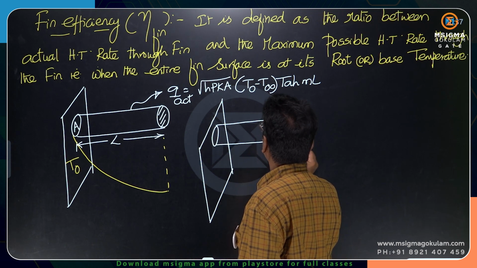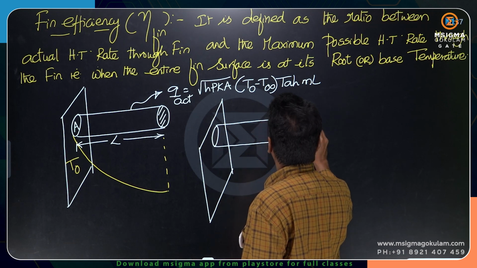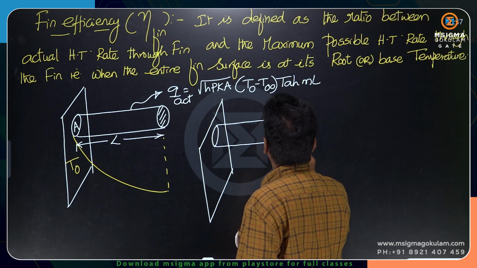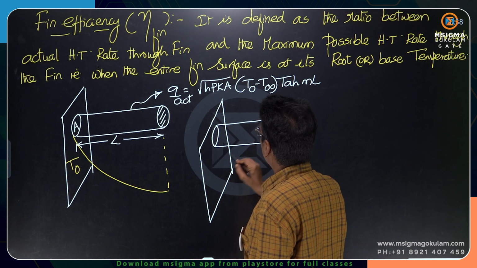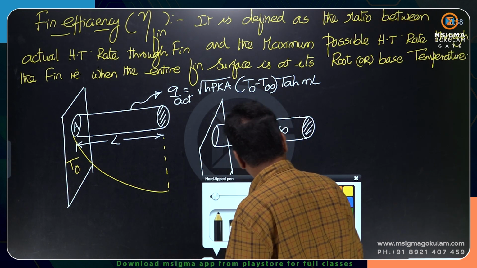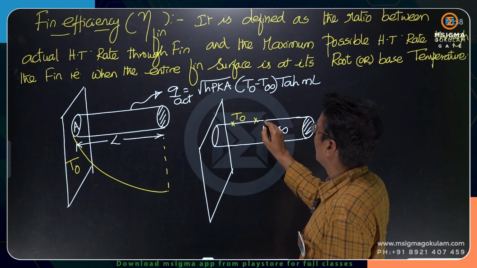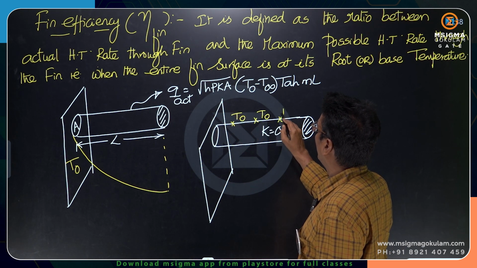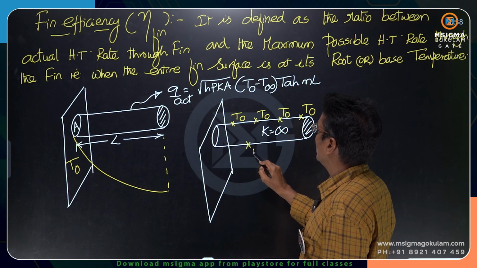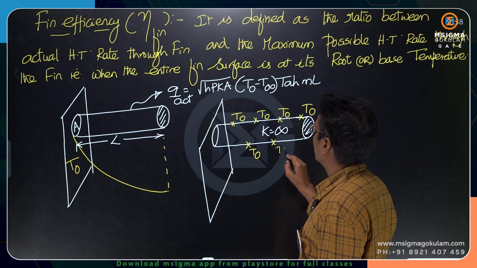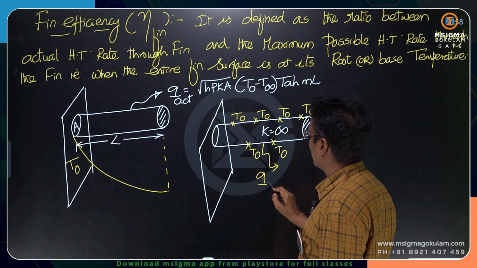Same fin, now the material has infinite thermal conductivity, the tip is insulated, and the whole of the fin is at the base temperature T0, every location of the fin at T0. Then what will be the maximum possible heat transfer rate?